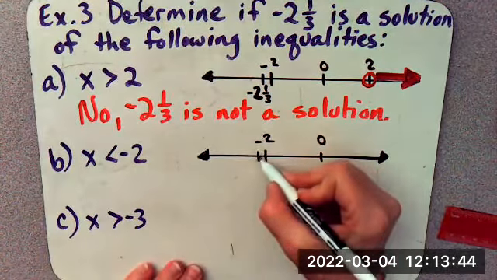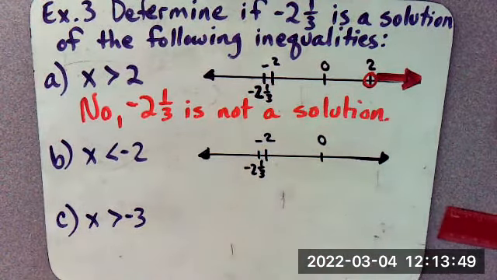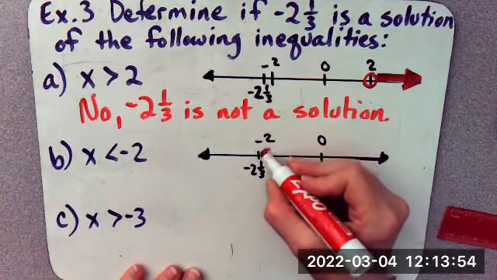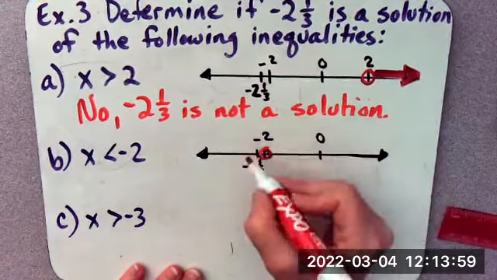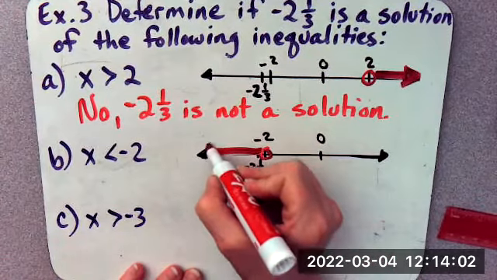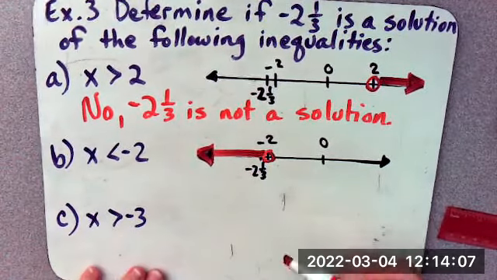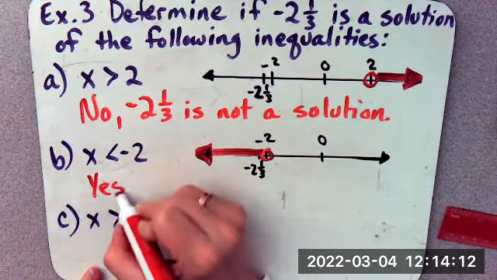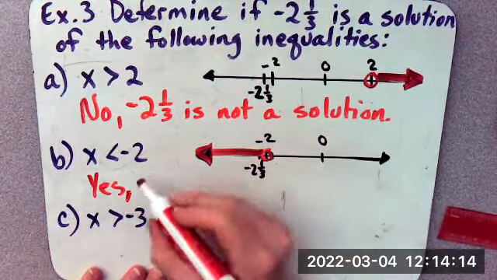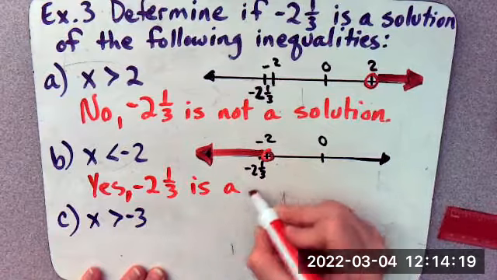And remember that I have -2 1/3 right here on that side of -2. So I'm going to put a fence around the -2 with an open point. And since 0 is not a solution, I'm shading this direction. And it also is the same direction as that inequality. So now we look, is negative 2 and 1/3 a solution? Yes, it is included. So negative 2 and 1/3 is a solution.